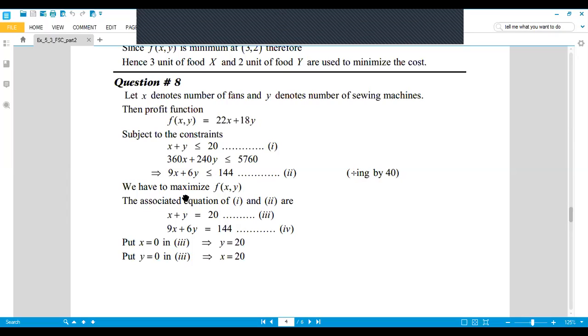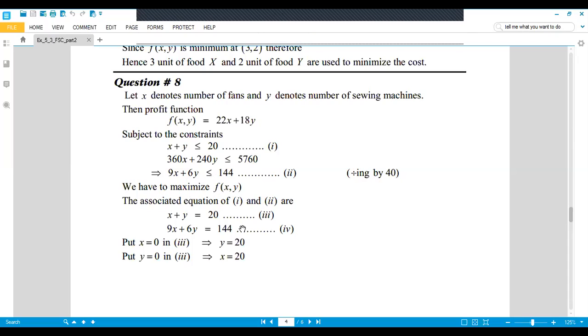Now we have to maximize f(x, y). For the associated equations of 1 and 2, the same way we followed in the previous question, we write x + y = 20 and 9x + 6y = 144. Put x = 0 in equation number 3, so y is 20. When we put y = 0 in number 3, we get x = 20.